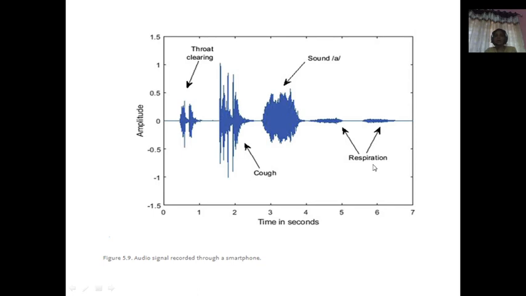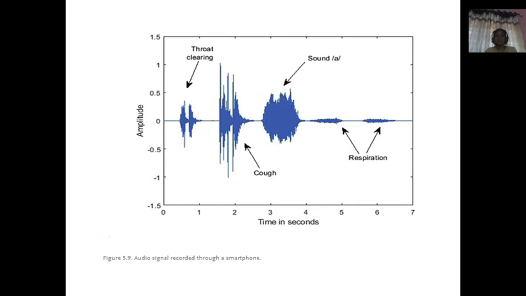To process all these parts, each one has its own duration, not equal durations. So when you apply the STFT, which has a fixed window size, we may miss some of the instantaneous fast variations.